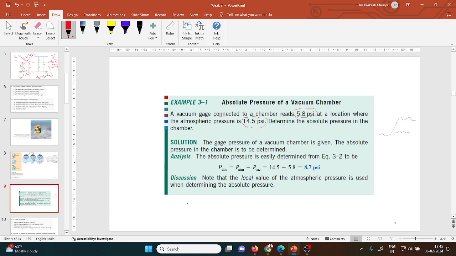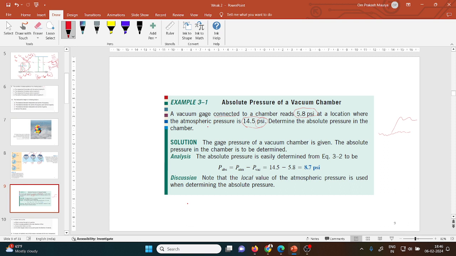Let's suppose at a particular location atmospheric pressure was 14.5 psi, and here the vacuum reading is 5.8. Determine the absolute pressure in the chamber. Absolute pressure is nothing but atmospheric pressure minus the vacuum pressure.